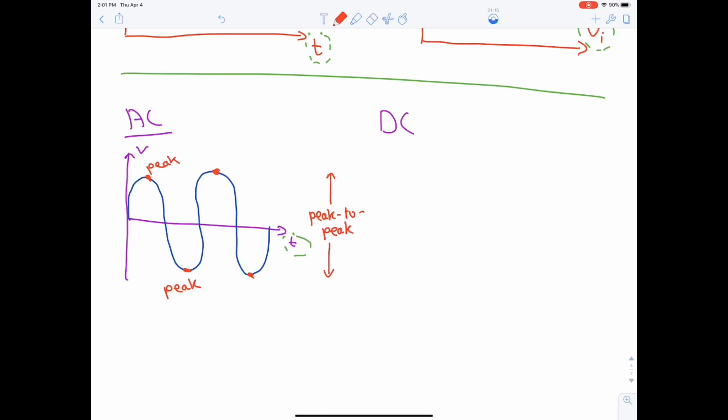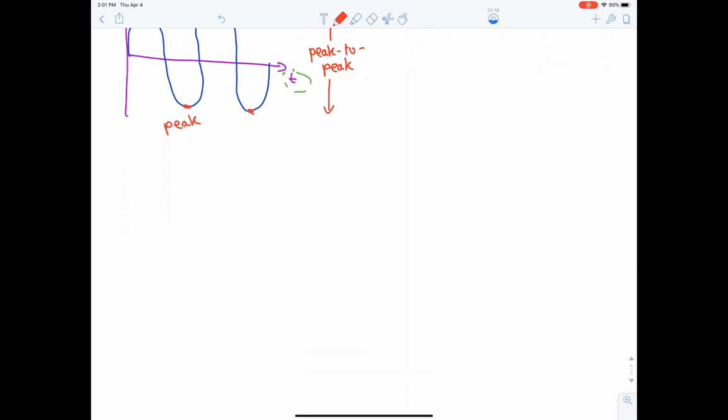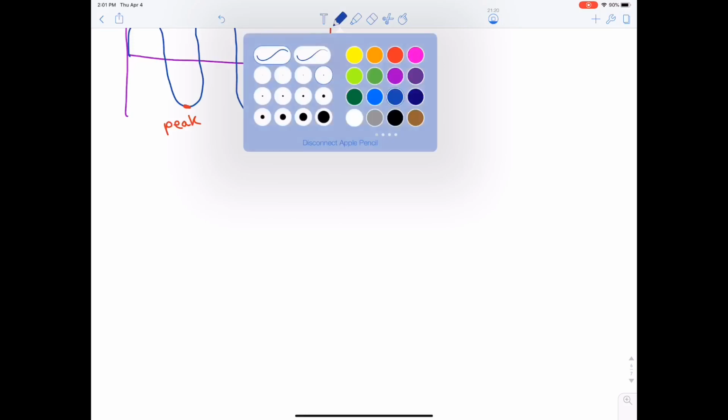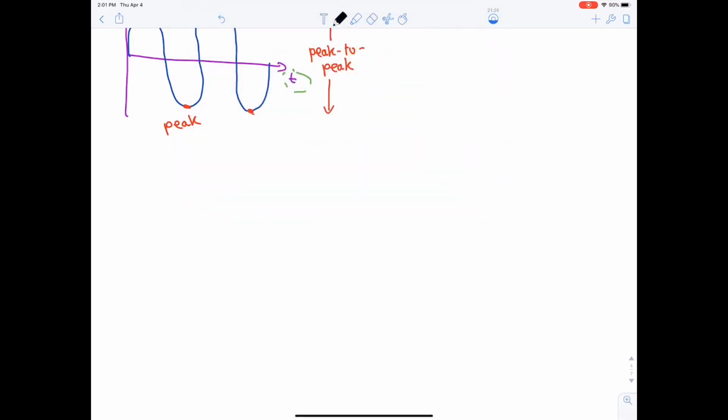Why am I telling you this? Because sometimes they ask us to find or to sketch, for example, V output is 5-volt peak. So how do we sketch the waveform of this example?